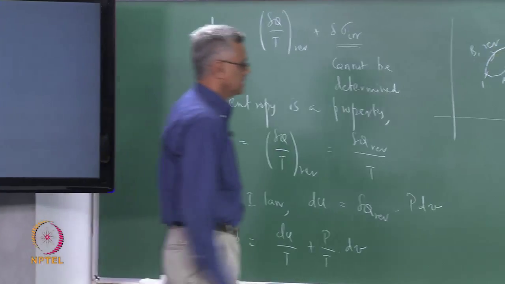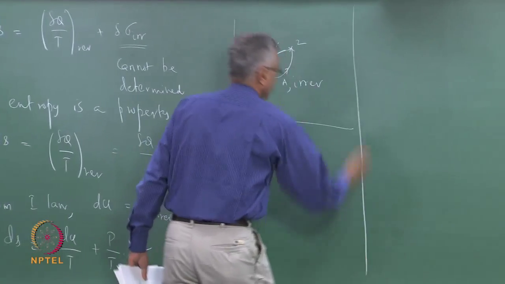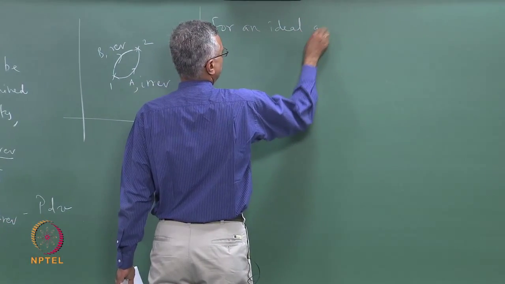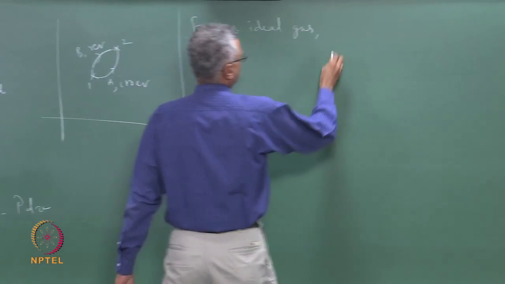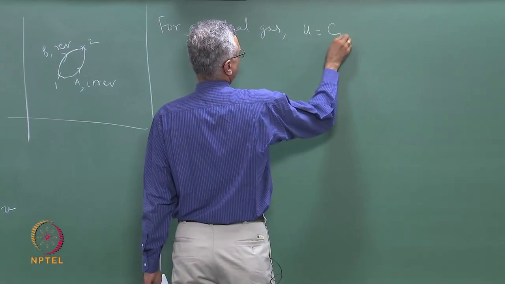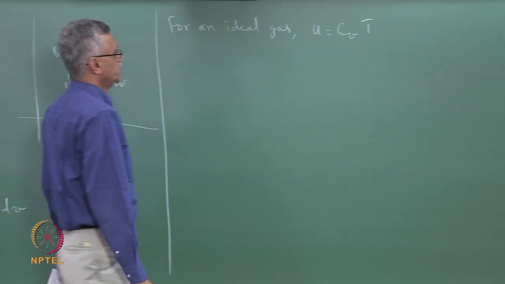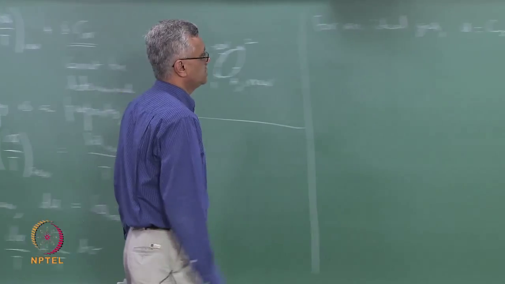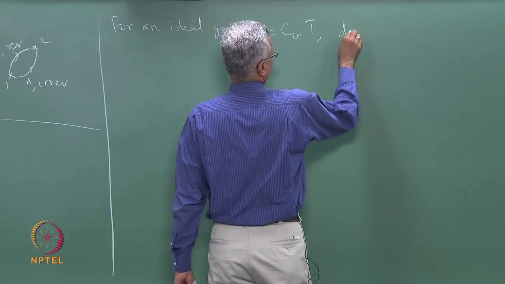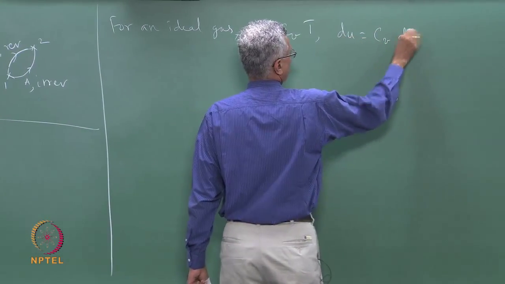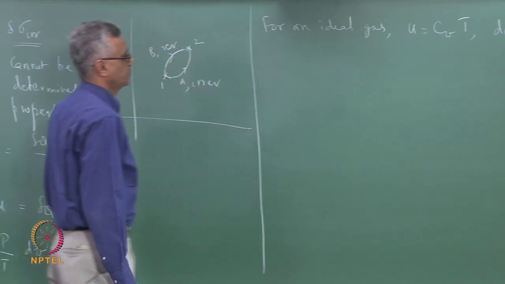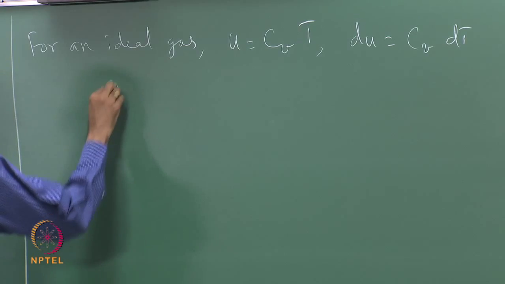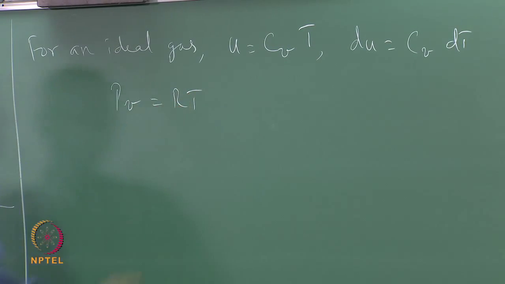Now, for an ideal gas, and that is what we are considering here, we are looking at ideal gases here. For an ideal gas, U can be, as we saw earlier, written as Cv times T, or I can write du as Cv times dT. Also, for an ideal gas, we have Pv equal to RT.